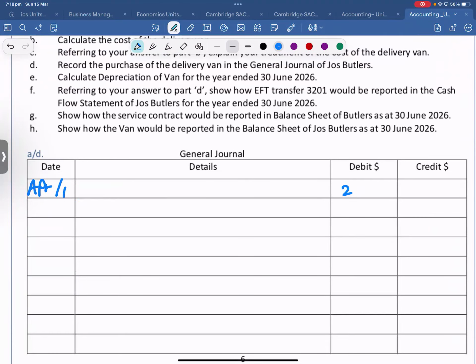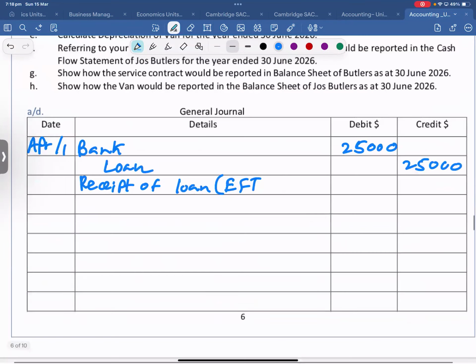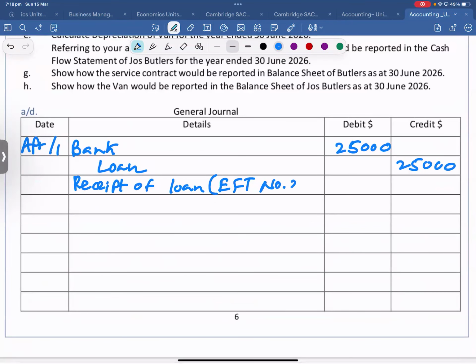How long is prepaid sales from? 1 year. It's 300 for the contract. No, it's 300 on fence. That's why it's 3 lines. They're asking for the EFT transfer.